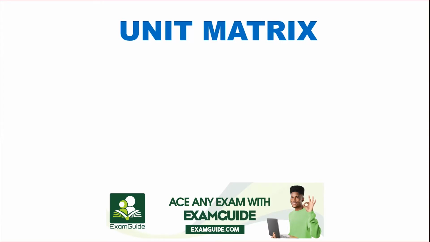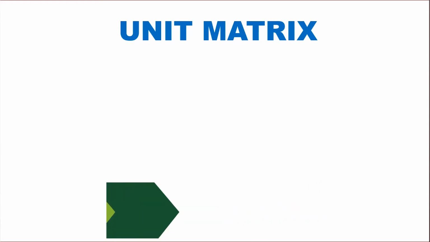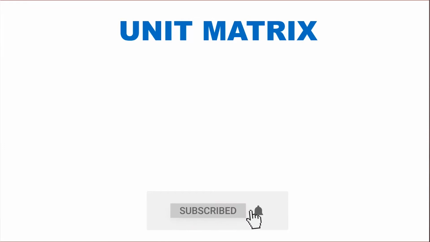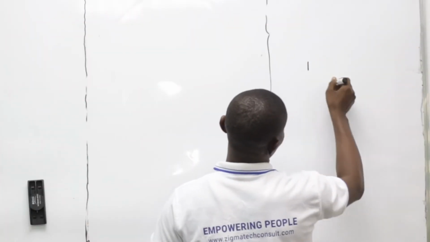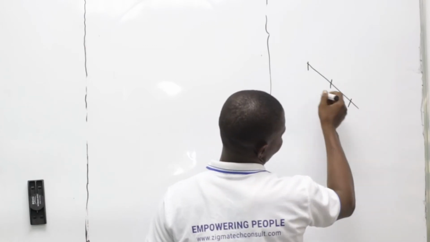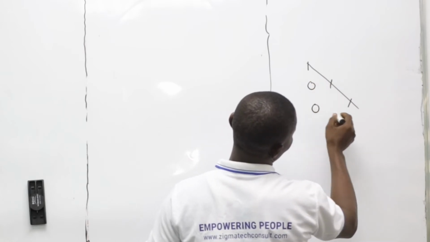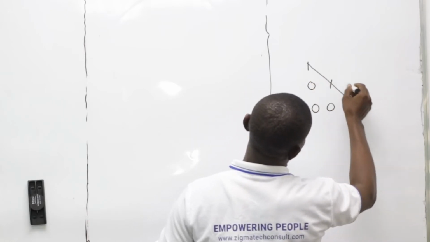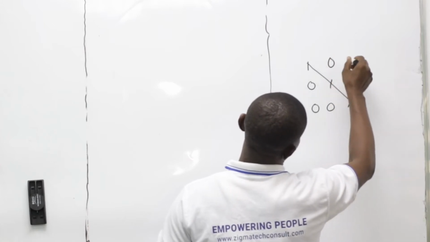I repeat, when the leading diagonal of a matrix are all unity, meaning 1, and the values above or below the principal diagonal are all zeros, you call it what? A unit matrix. This is 1, 1, 1, leading diagonal, 0, 0, 0, 0 here, 0 here, 0 here.